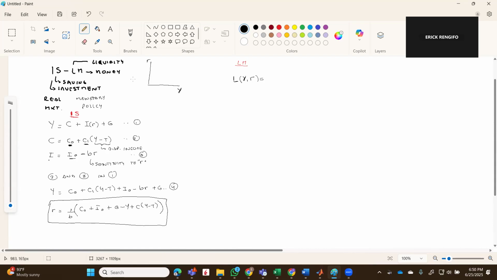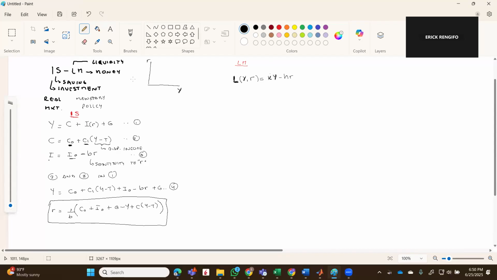The simple model, guys, is simply KY minus HR. So the liquidity, the money that people require, increases if Y increases. Do you agree? If I start producing more, my liquidity needs are going to increase. That's why it's positive. And this depends on K, which is simply the income sensitivity to money demand.